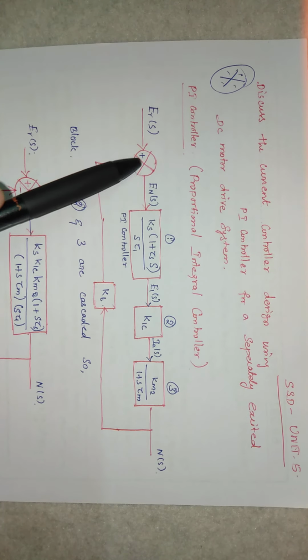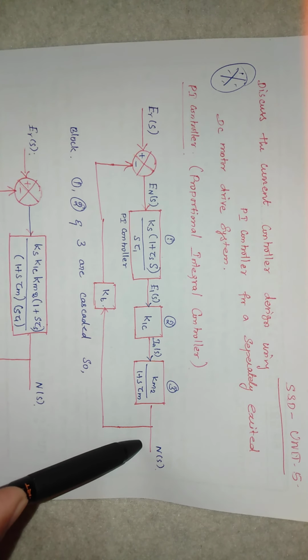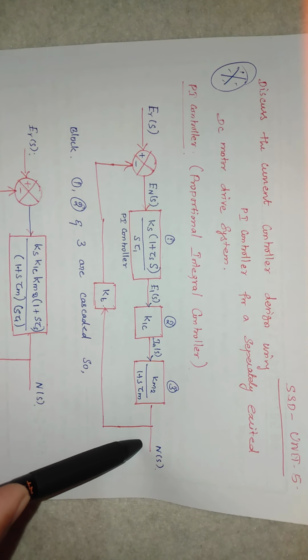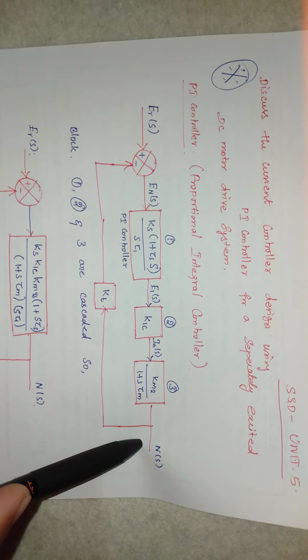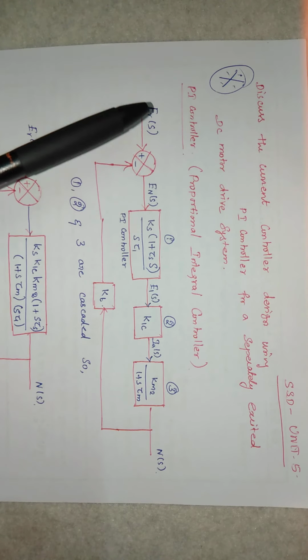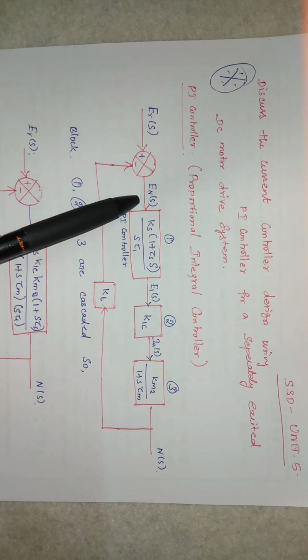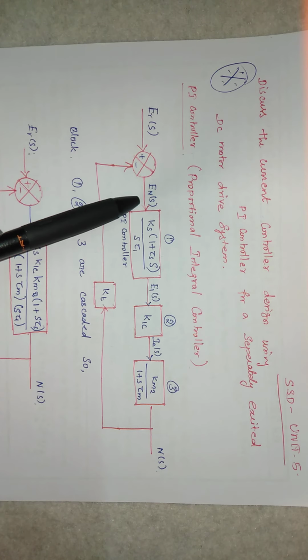So based on that sign value, we can decide whether the speed is accelerated, decelerated, or continued the same. The speed value is taken as feedback and compared with the reference value. The difference, that is the error value, is obtained from this comparator.